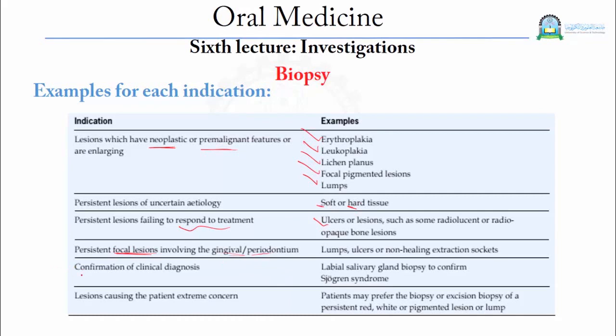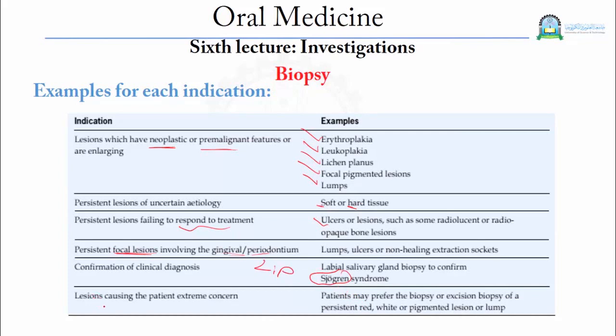Also, you need to perform a biopsy for confirmation of the clinical diagnosis, such as in Sjogren syndrome. Clinically, you may find a dry mouth and dry eyes, and the patient cannot swallow due to the lower volume of salivary secretion. You can confirm the diagnosis of Sjogren syndrome, as an autoimmune disease, by performing a biopsy of the minor salivary glands of the lower lip.